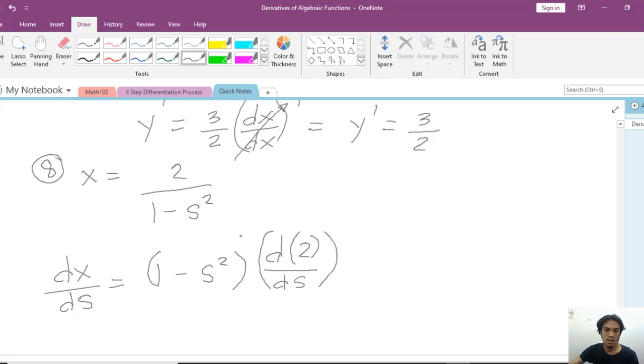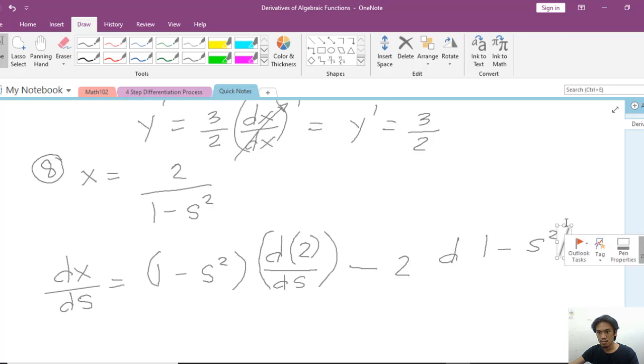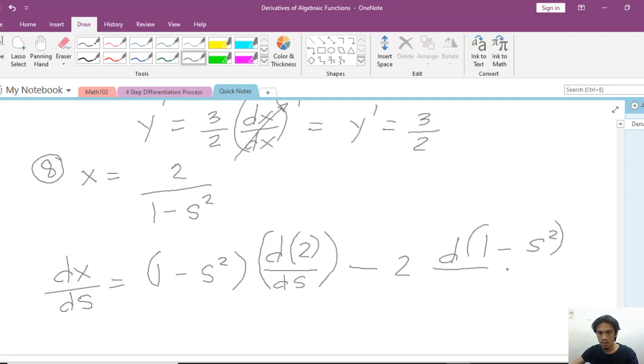And since that is division, should be minus the numerator times the derivative of the denominator 1 minus s squared with respect to, of course, s.